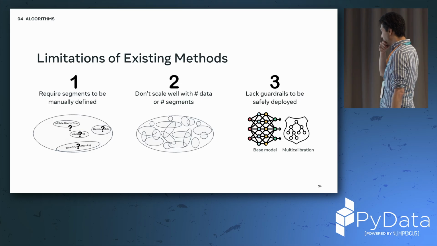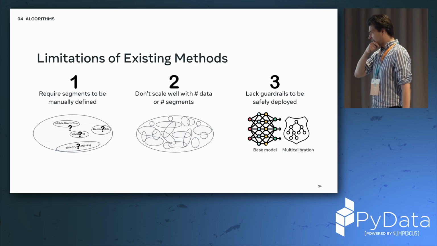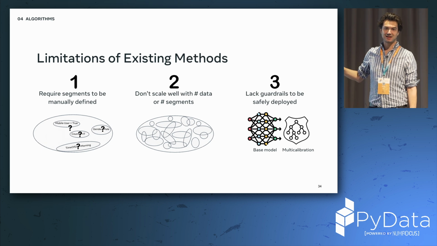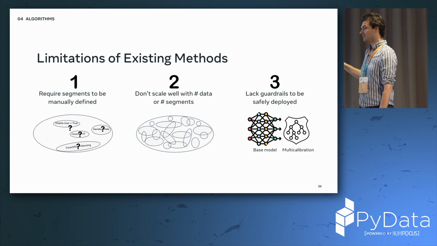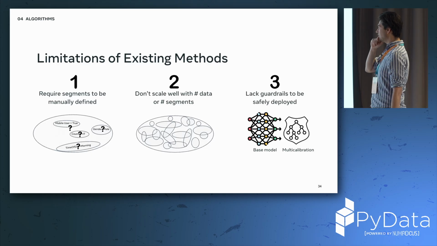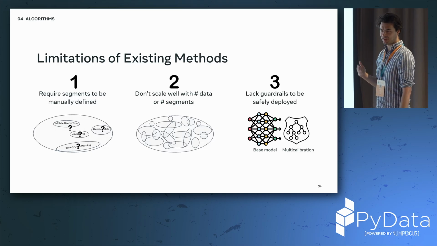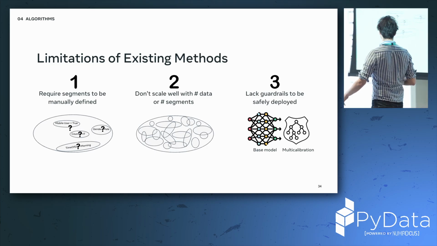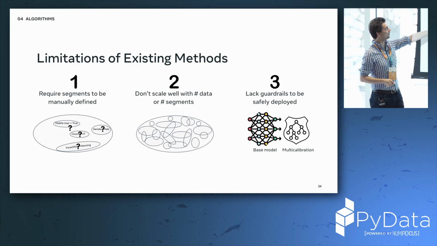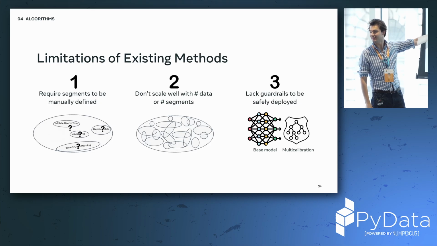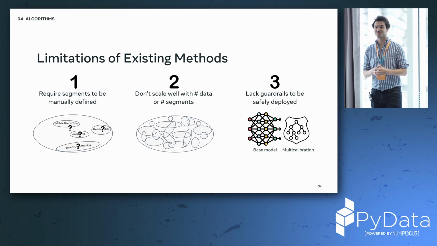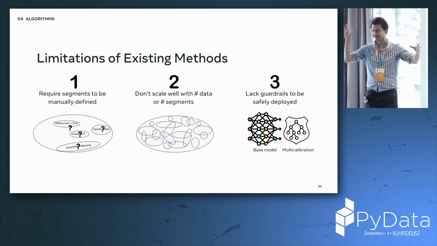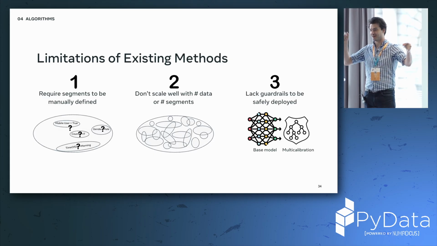I think there were 3 main issues with existing multi-calibration algorithms that made them hard to adopt, or not so appealing. The first one is that they really required you to manually define your segments. It was not enough to say, I have this age feature and this country feature, and I want to be multi-calibrated on those.